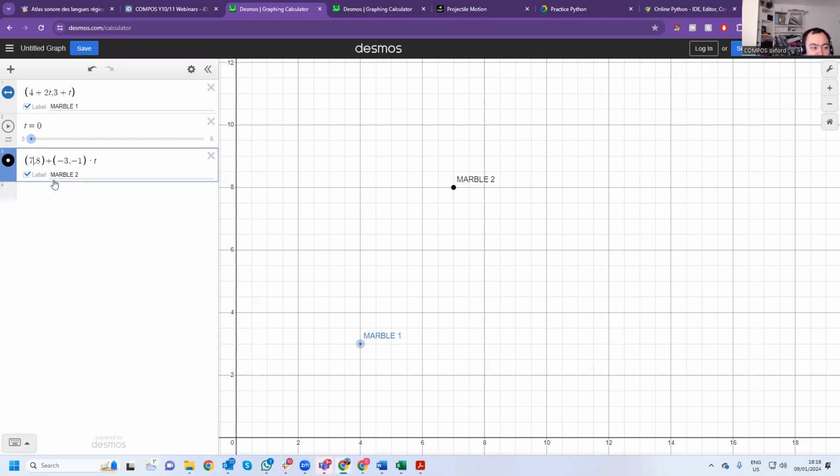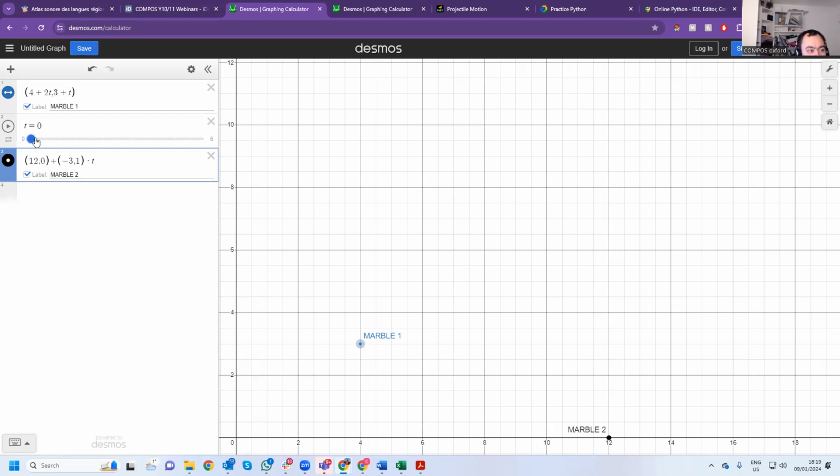Let's change the initial position of marble 2. It's going to be, let's say, 12, 0, 0 minus 1 plus 1.